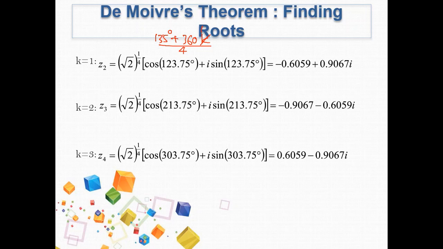You add them and divide by 4. You get this angle and this. Insert or substitute into the calculator and you should get this. Then proceed to do the third root and the fourth root. So you have 4 roots here, including k equal to 0.